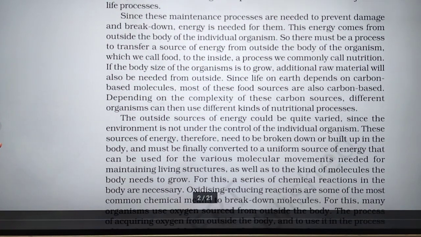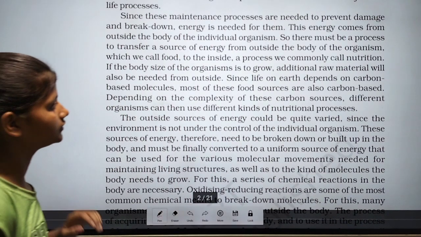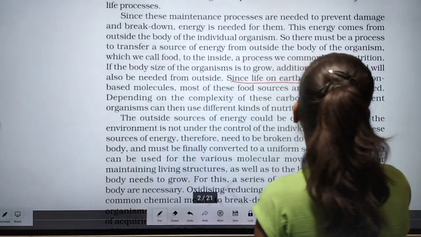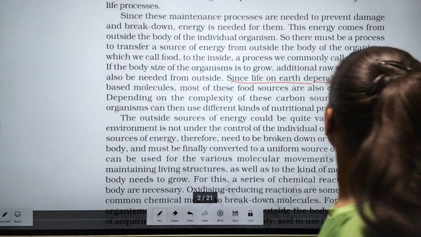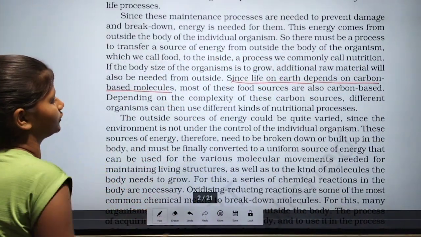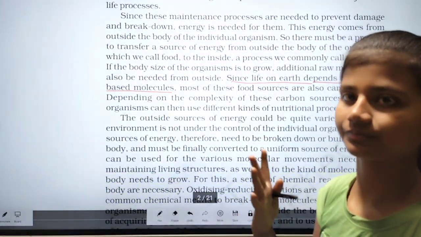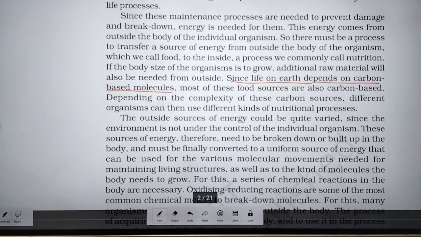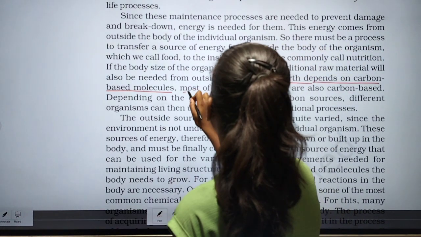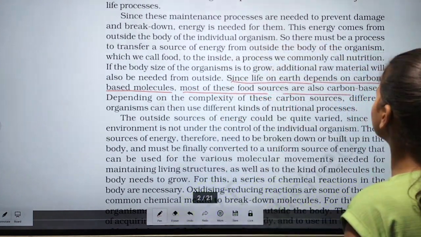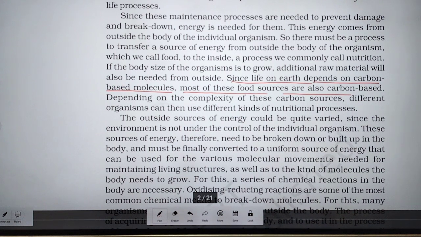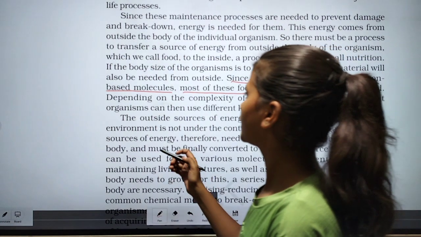Since life on earth depends on carbon-based molecules, since life on earth totally depends on carbon-based molecules, most of these food sources are also carbon-based.